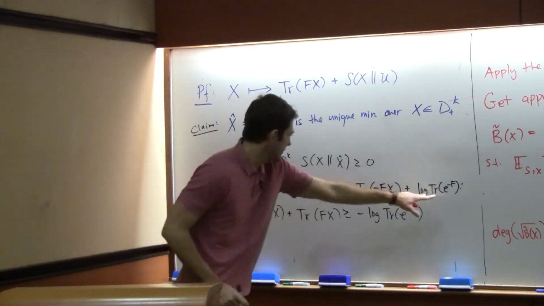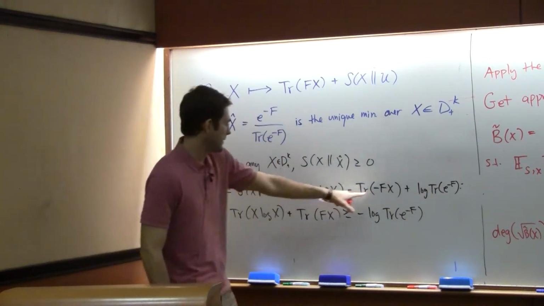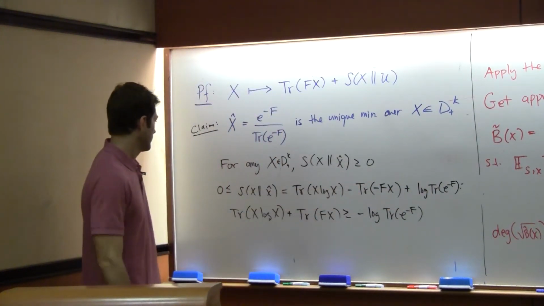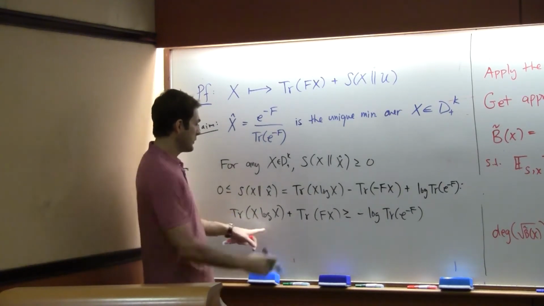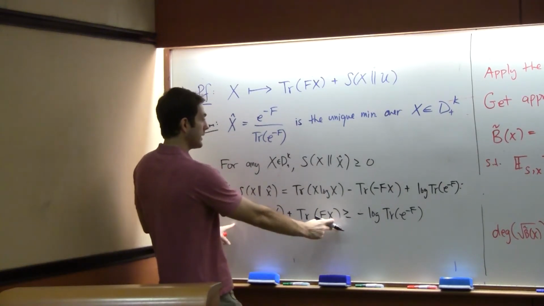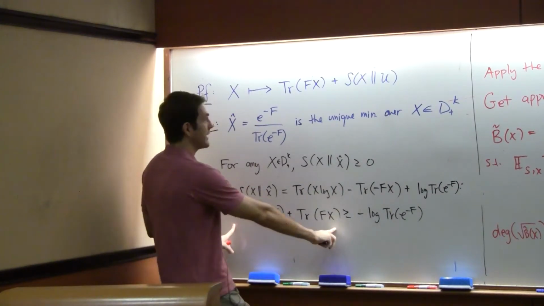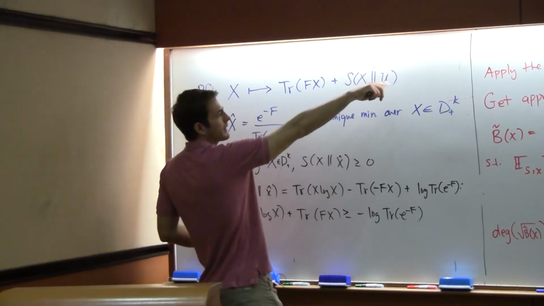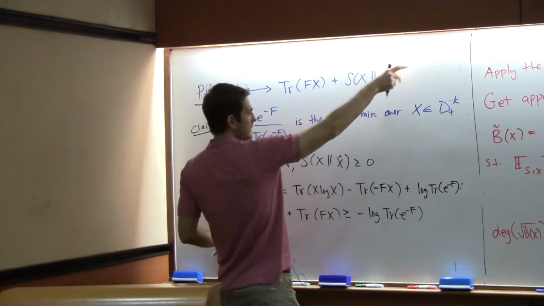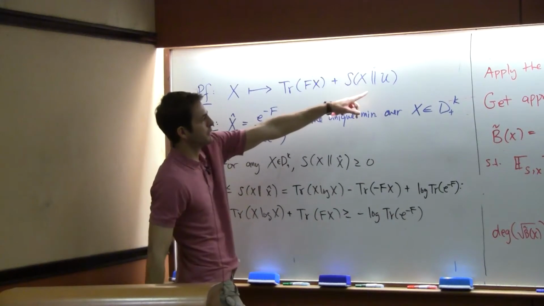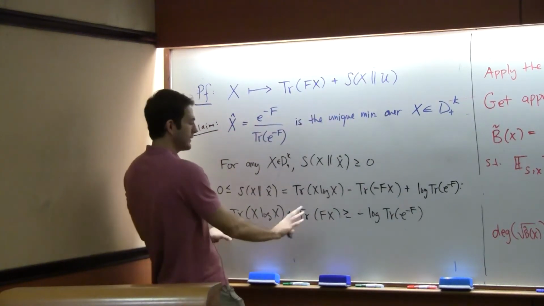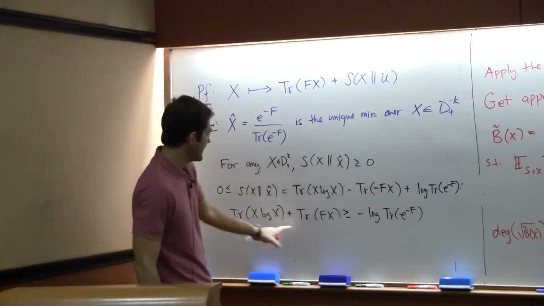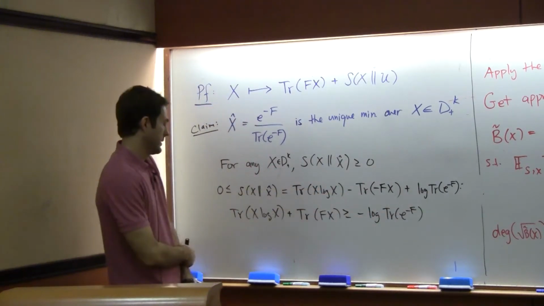I just subtracted this to the other side and used the fact that minus is plus. And note that this thing here is precisely this, except there's an additive constant. We're looking at minimizers, so the additive constants don't matter. There's an additive constant coming from the trace of the identity. But we've basically said that this is at least minus this.